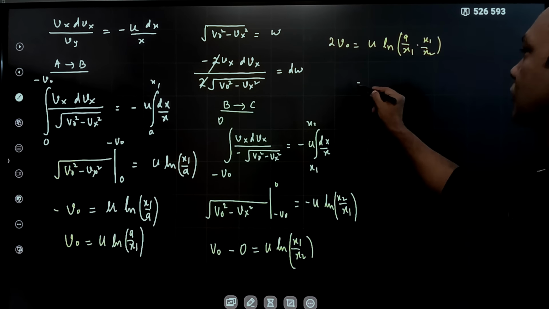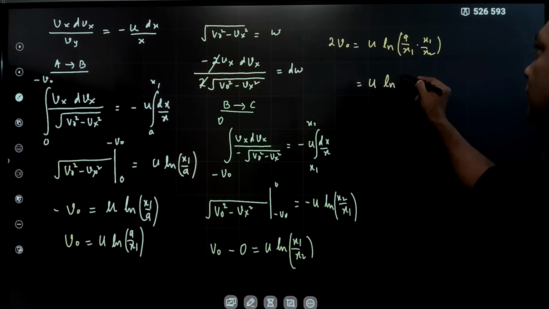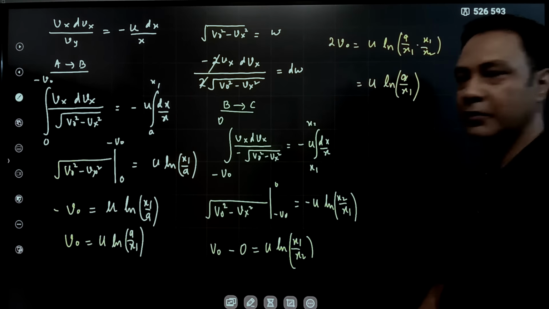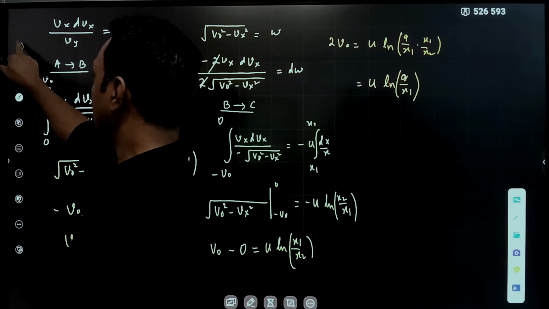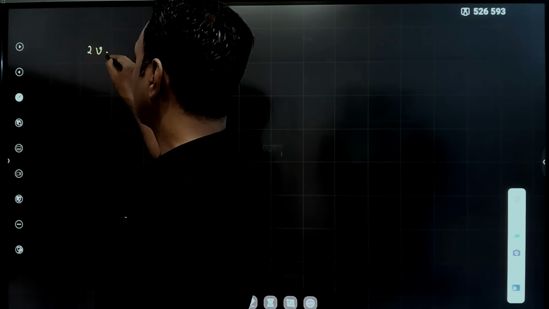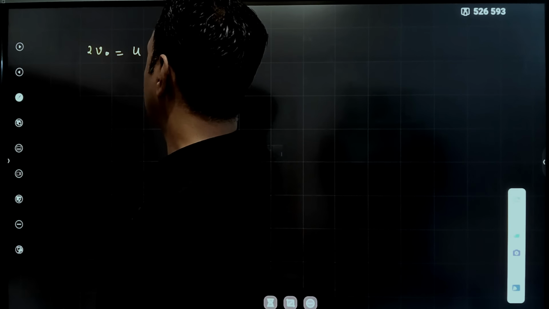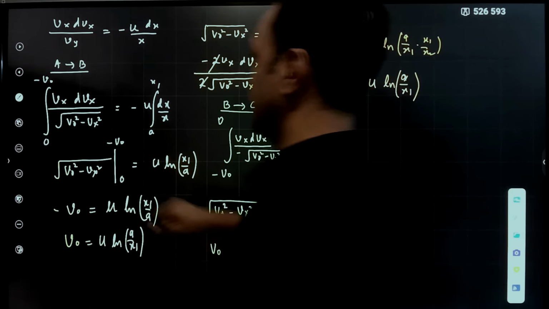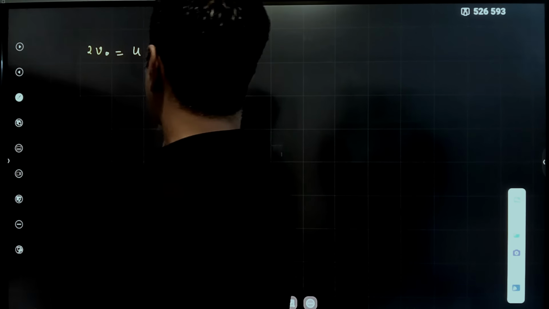So that would be U ln A by x1. Now let me take everything on to the next page. So we got 2V0 is equal to U ln A by x1.